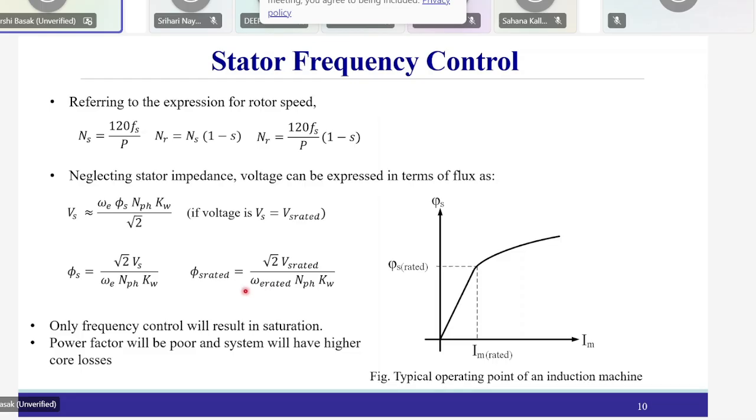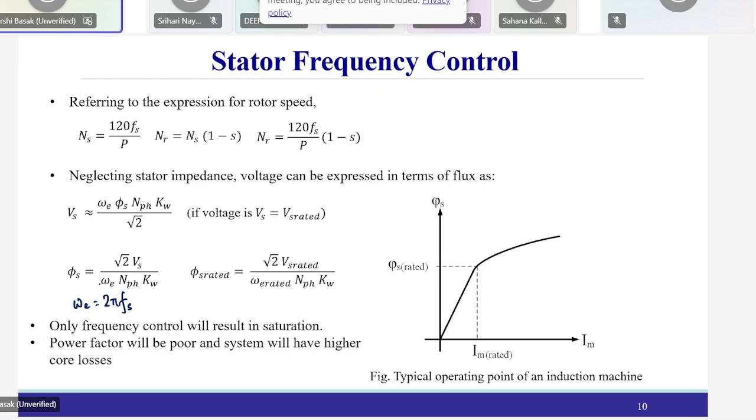Then what will happen if Vs is equal to Vs rated and you reduce the value of frequency? Here omega is 2 pi times your supply frequency.